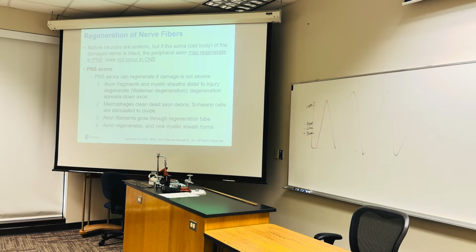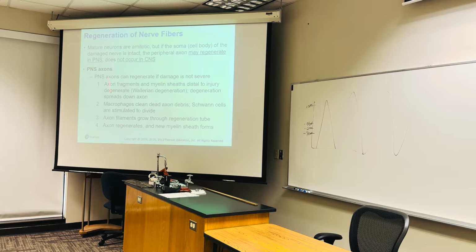Mature neurons are amitotic, but if the soma of the damaged nerve is intact. The soma is supposed to be intact. If you are damaging the soma, you cannot regenerate that. The peripheral axon may regenerate in the peripheral nervous system, but it does not occur in the central nervous system. I repeat, it does not occur in the central nervous system.